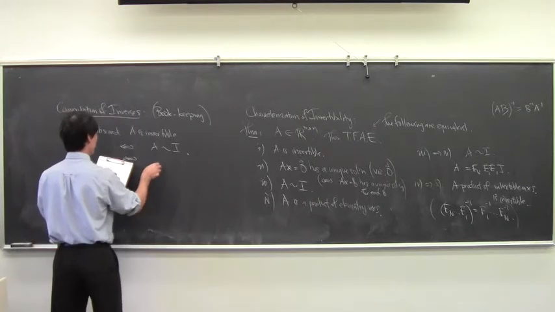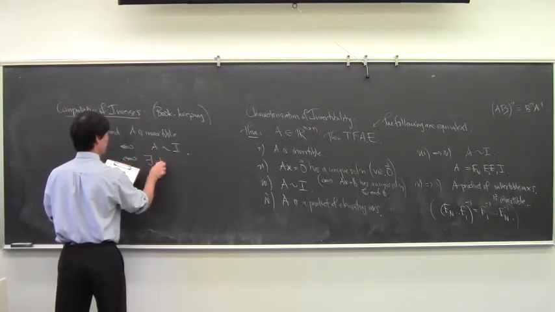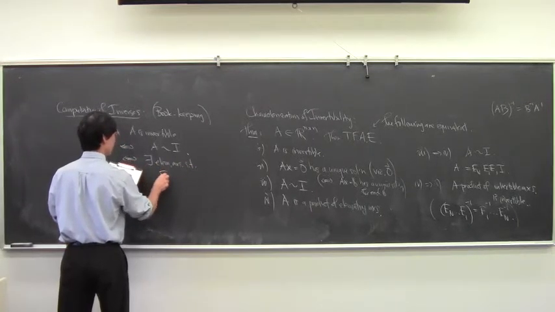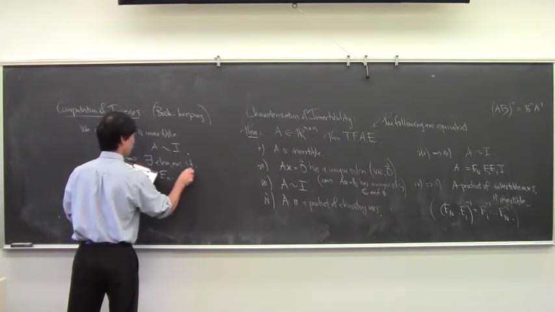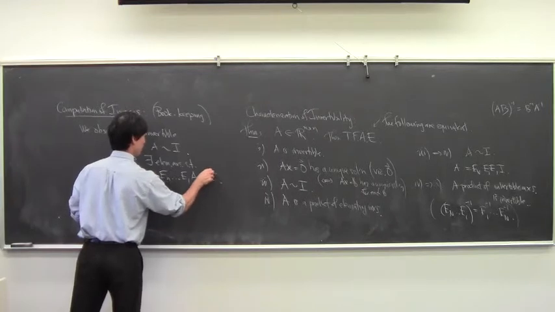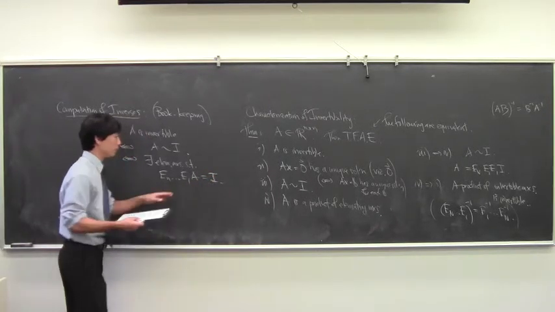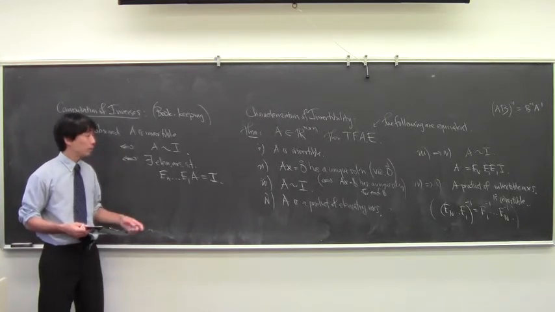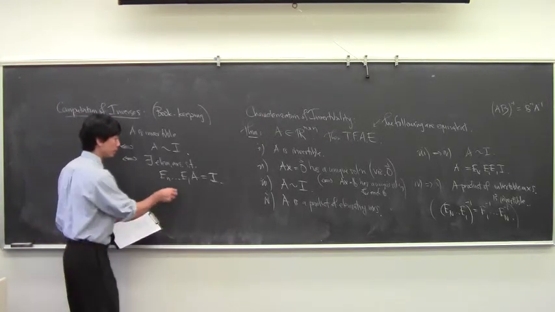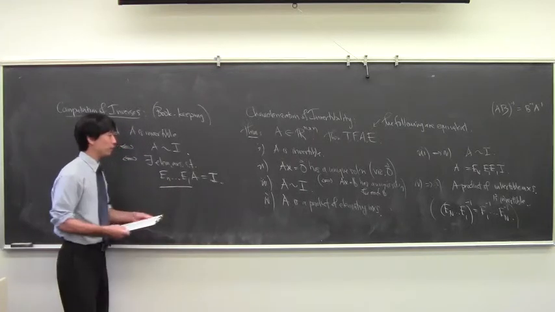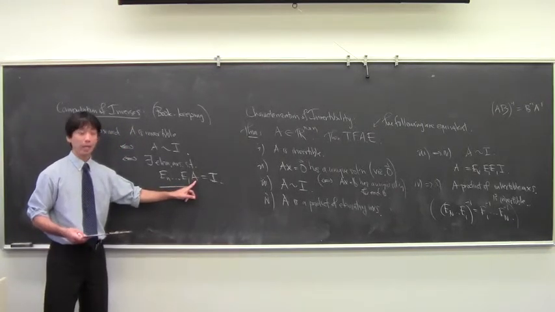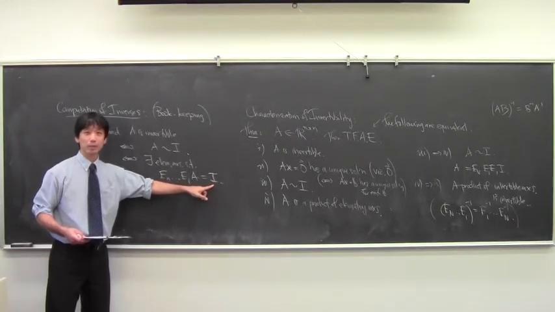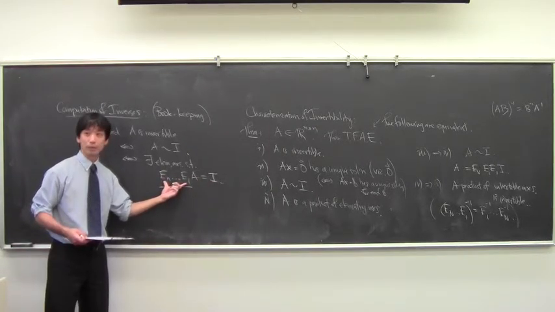That is to say that there exist elementary matrices such that En through E1 times A is the identity matrix, right? So if you start with your A and you apply a bunch of elementary matrices to it and you get the identity matrix, you have found your inverse.